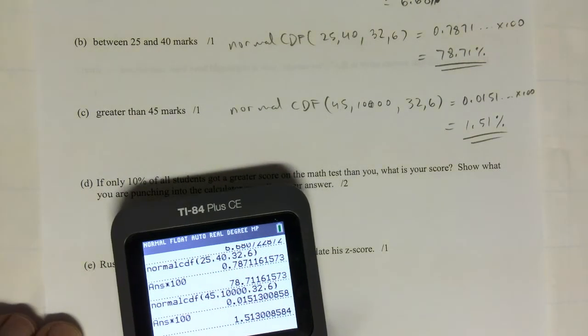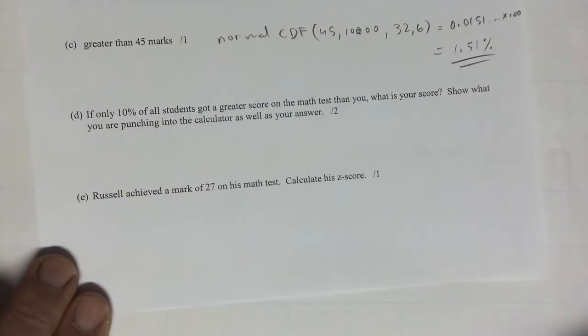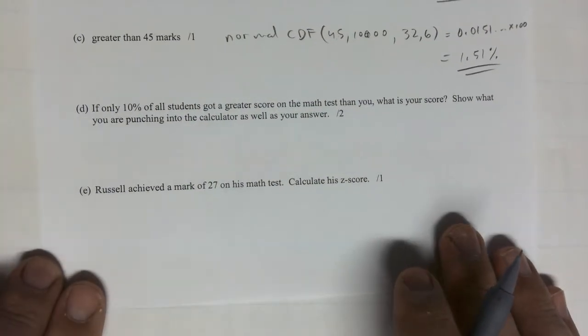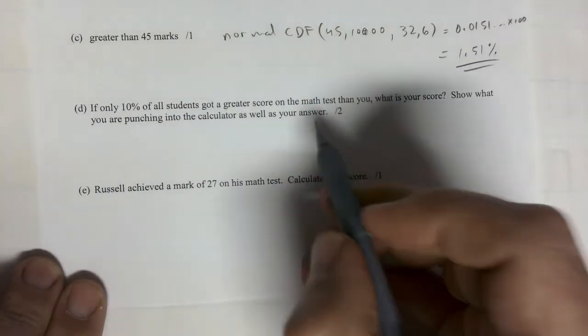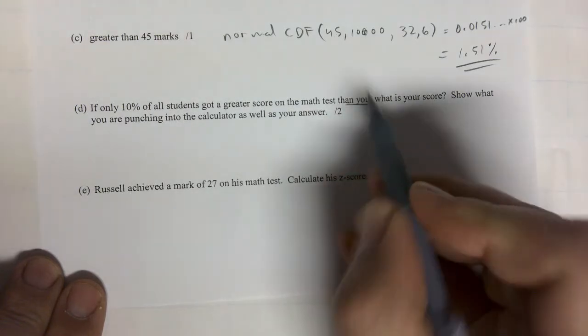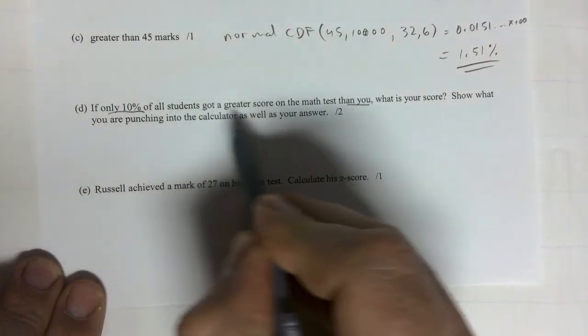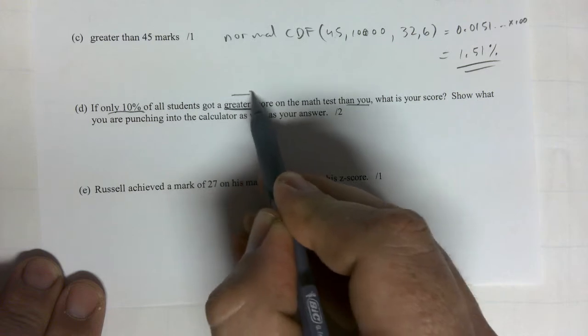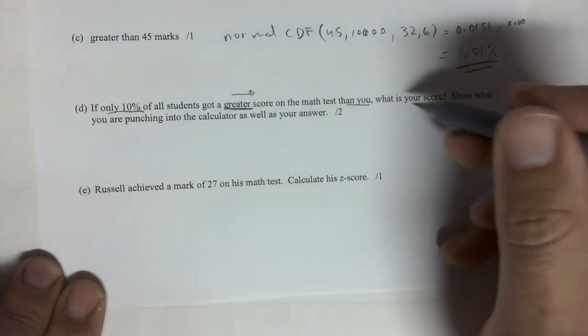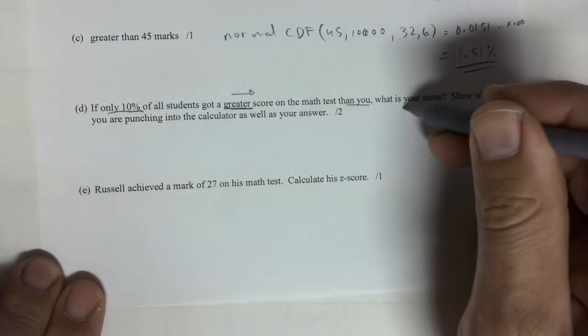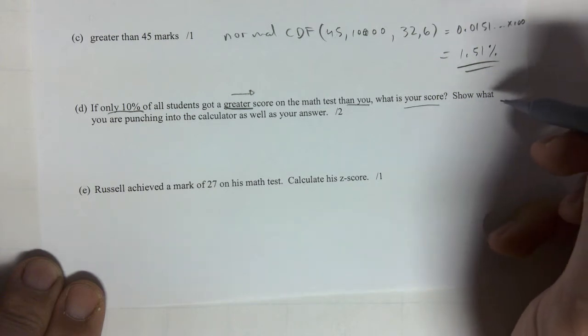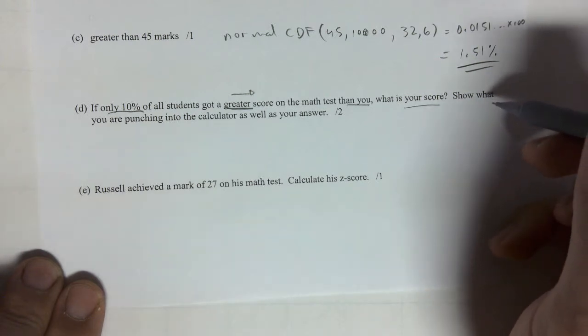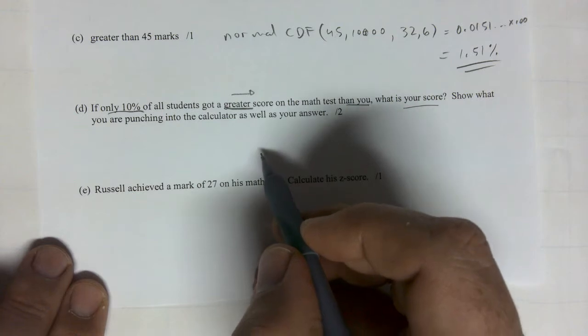Okay, and then we have: if only 10% of all students got a greater score on the math than you, so only 10% greater, that means that we're to the right of you, what is your score? Show what you're punching in as well as your answer.